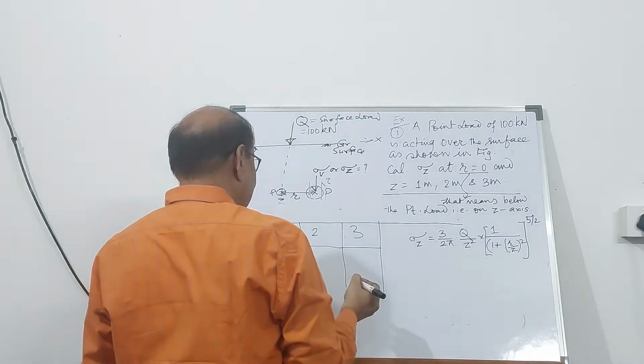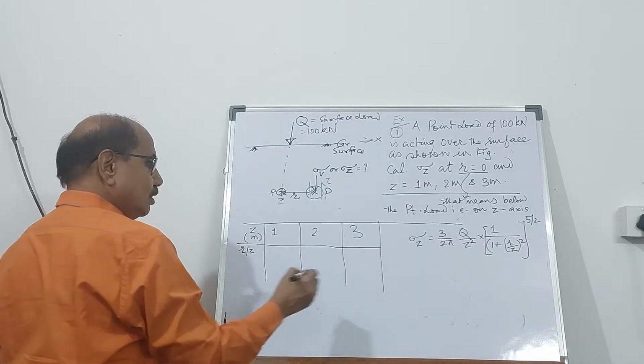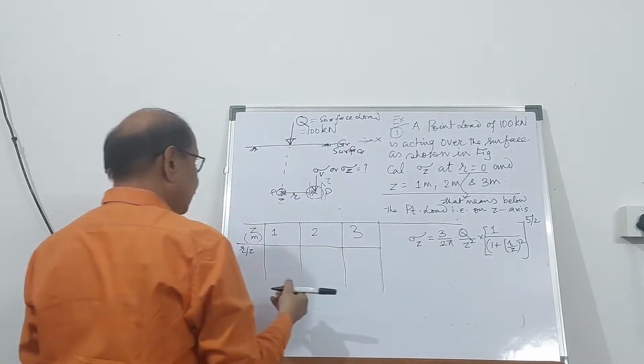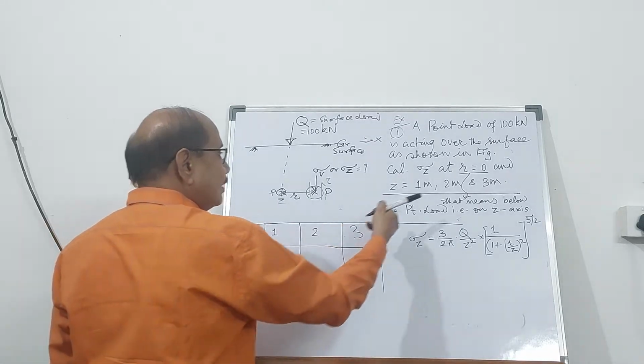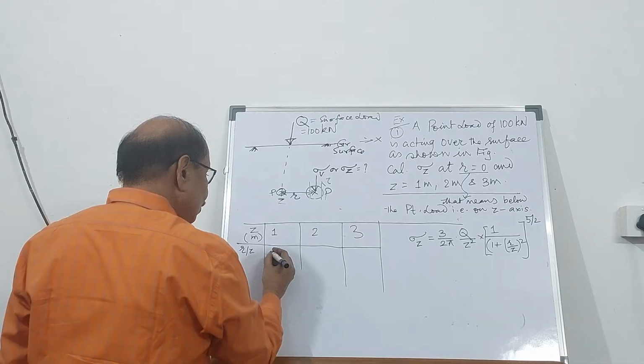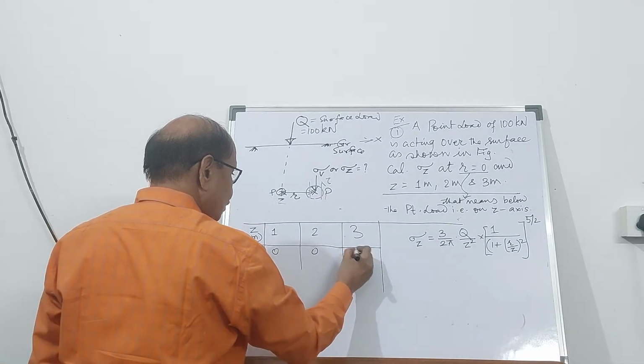So here R by Z you require it. R is already given as 0, so R by Z becomes 0.